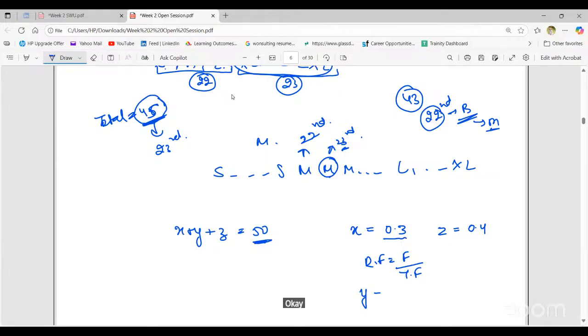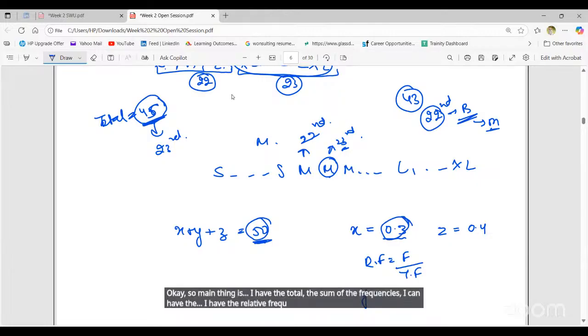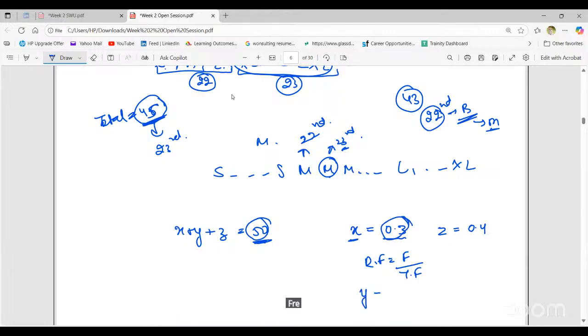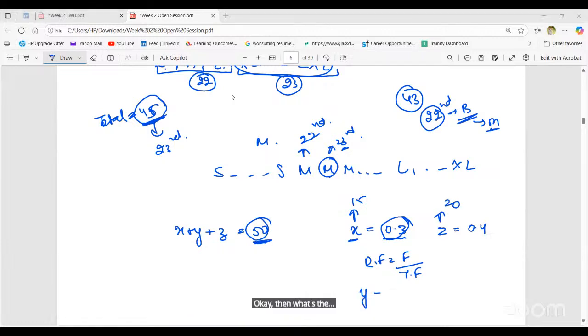So the main thing is I have the sum of the frequencies and I have the relative frequency. Can I calculate the frequency of X? Yes, ma'am. I got the frequency of X to be 15, Y to be 15, and Z to be 20. Then what's the question? What is the cumulative frequency of X and Z?